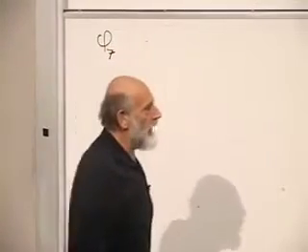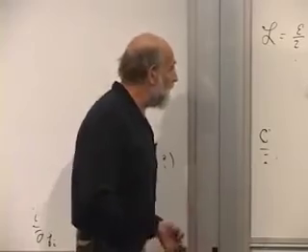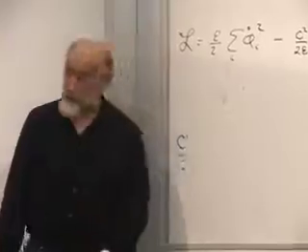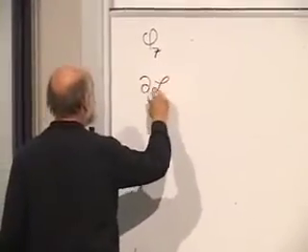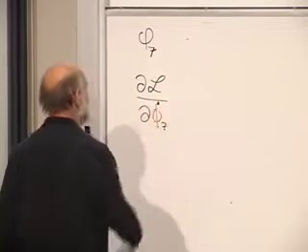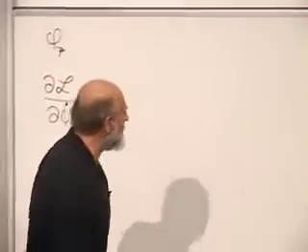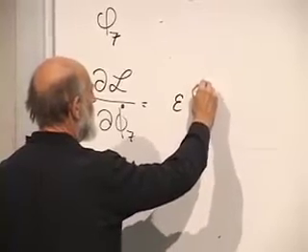Where does phi 7 occur, and where does phi dot 7 occur? Phi dot 7 occurs in only one term here. So the partial derivative of L with respect to phi dot 7 is just equal to epsilon times phi dot 7. Did I get it right?